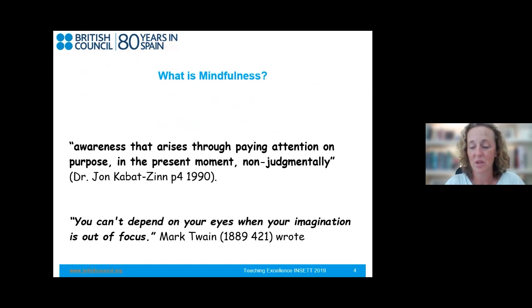So that reflects what a few of you were saying there in the comments. Yes, in the present moment. Non-judgmental is also an important one. Really helps to keep your view on things much clearer.